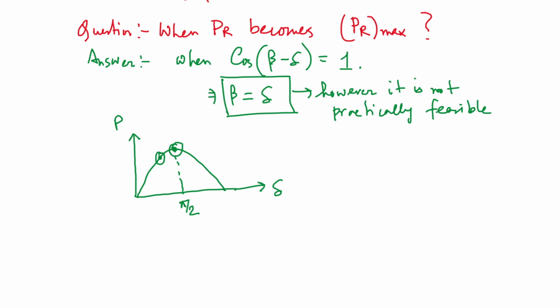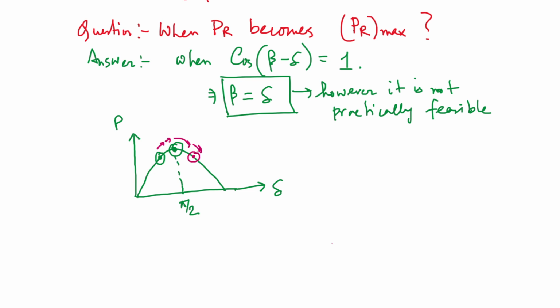Now the problem with this is that if some disturbances come, like faults, this delta starts increasing, and if somehow this delta comes to this side, suppose at this point, it is very tough to bring it back.